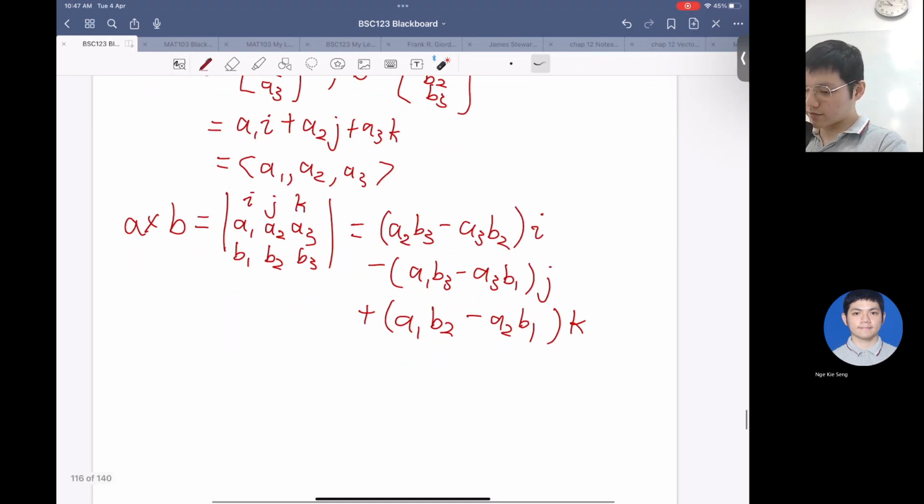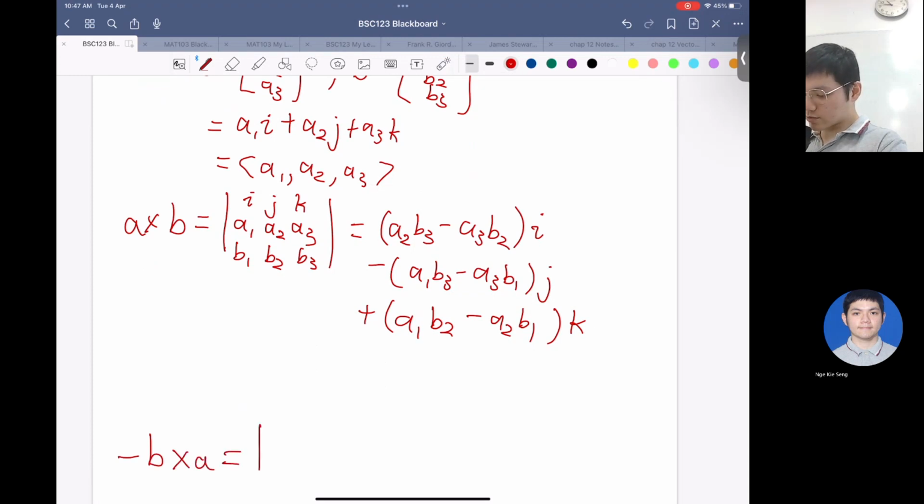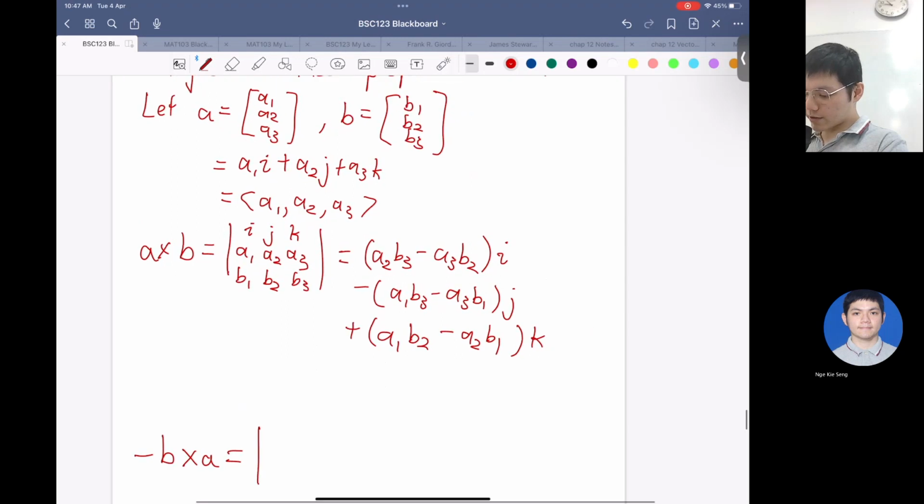Okay, from here, maybe it's hard to see what minus B cross A is. Maybe we do it backward. So this is one of the tips. So let's do it backward and then see if we can join in the middle or not. So B1, B2, B3, and then A1, A2, A3. Okay.